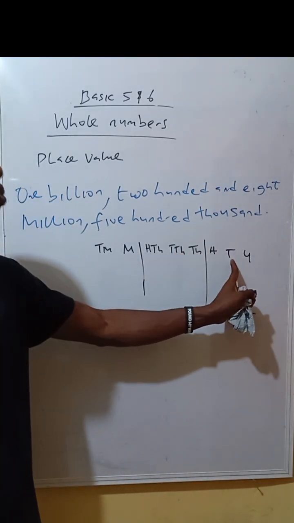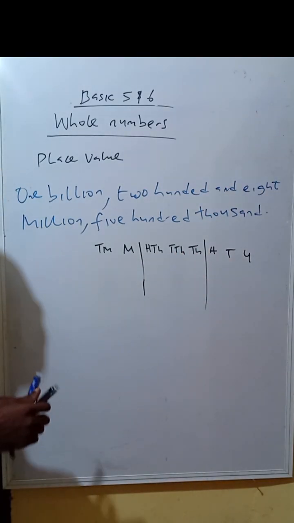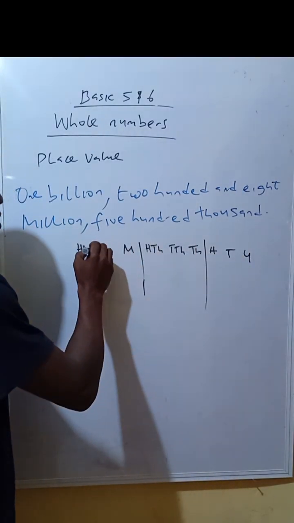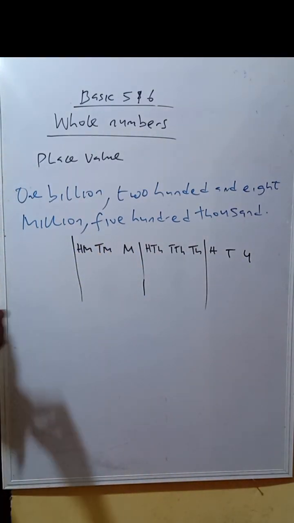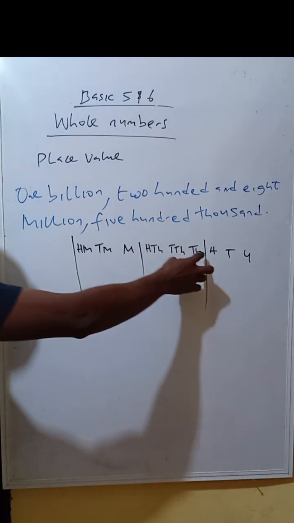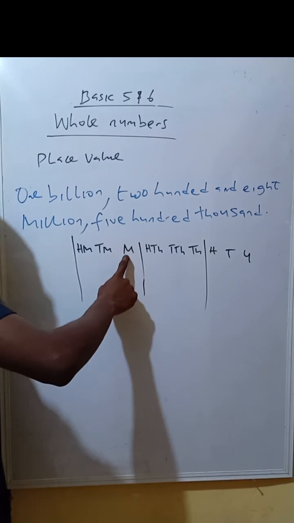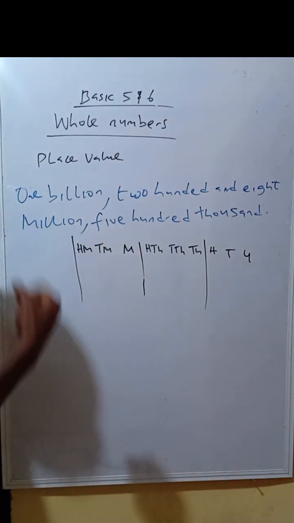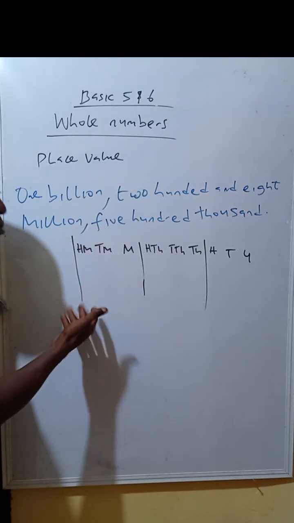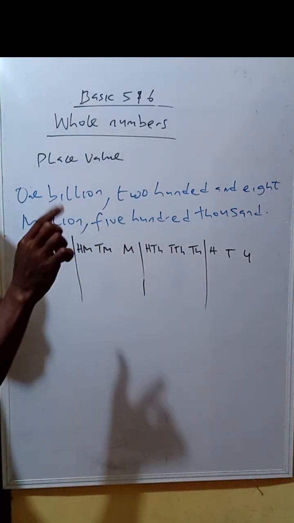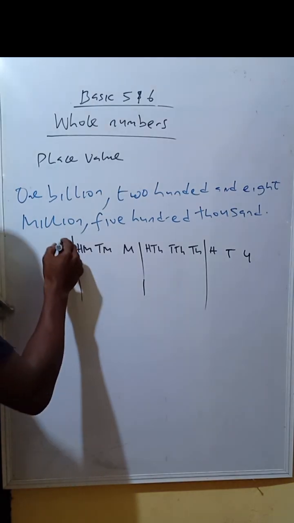It goes back to 10 million, 100 million. After 100 million, you will not go to 1,000 million. There's a word for 1,000 million, which is billion. Remember the example of 1,000 million and billion? 1,000 million is actually a billion, so use the word billion for it.